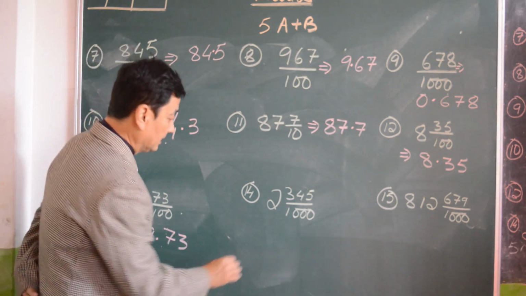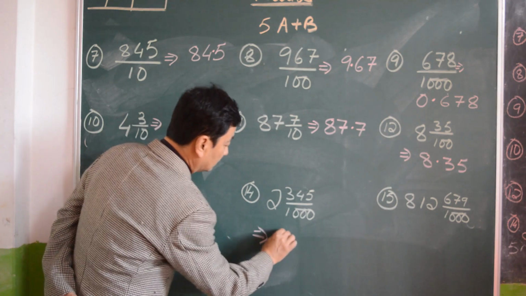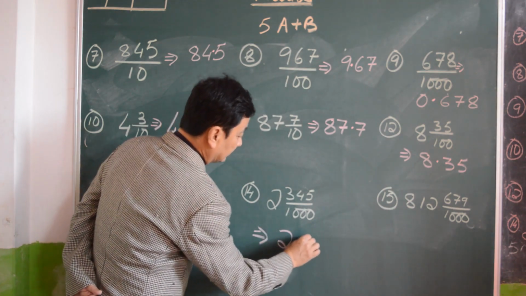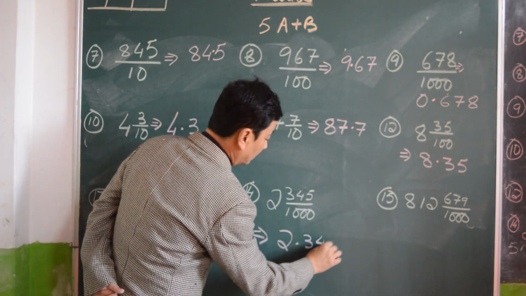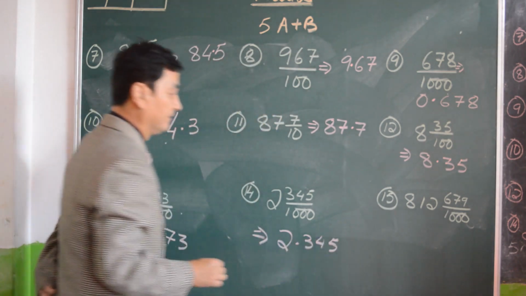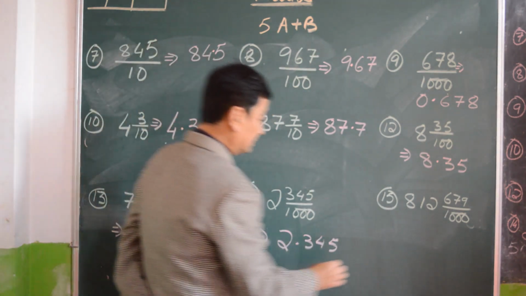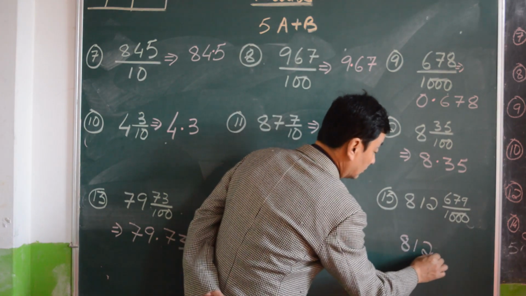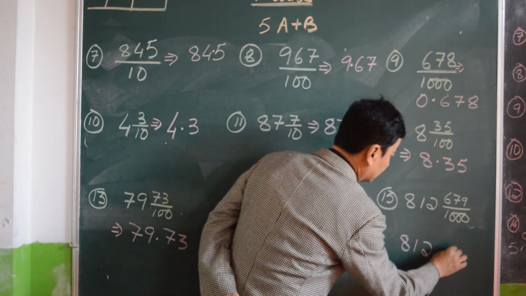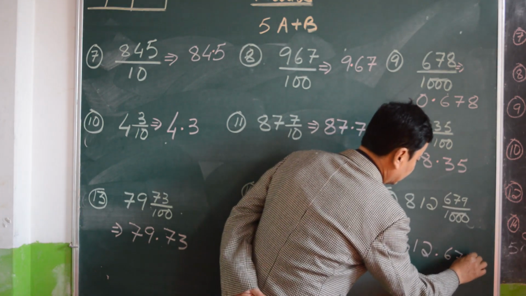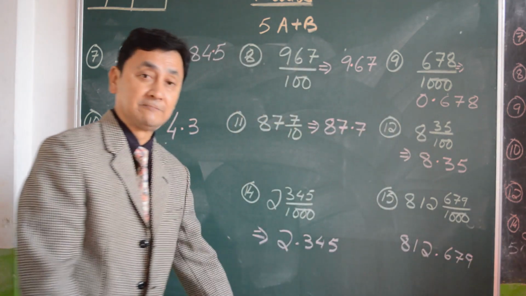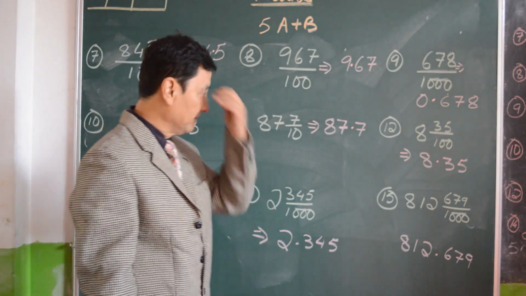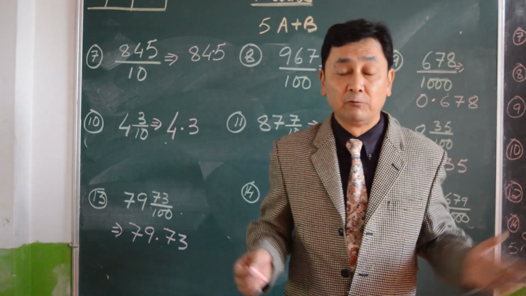Very easy, no? Let's do it here. 2.345. Okay? Next one. 812. What do you put? Decimal point. 679. Wasn't it simple?